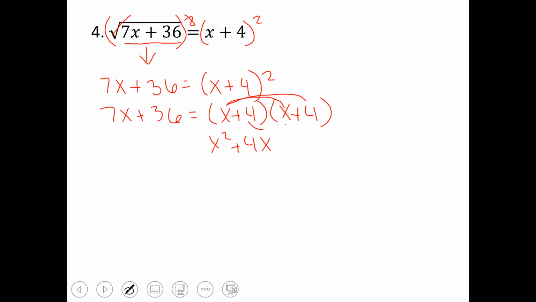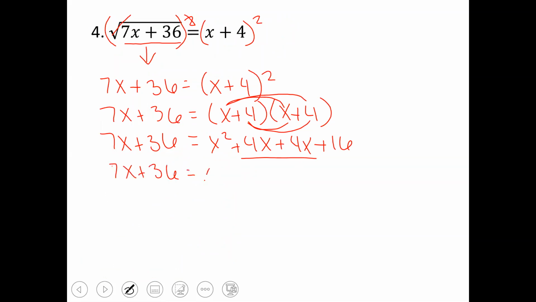That's 4x plus 4x plus 16. And then bring down your left side. Now combine your middles. 8x plus 16.